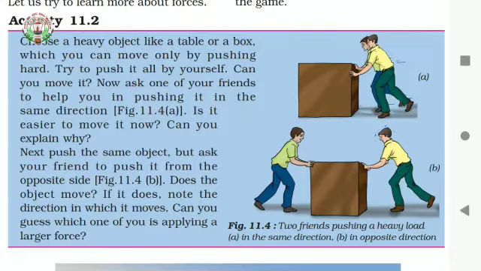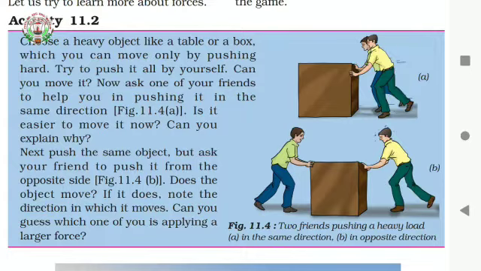Can you explain? It is because when you push the box alone, the magnitude of force is less. So it is difficult to move the box.